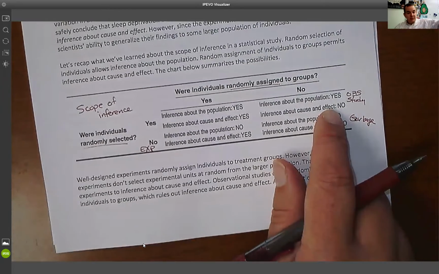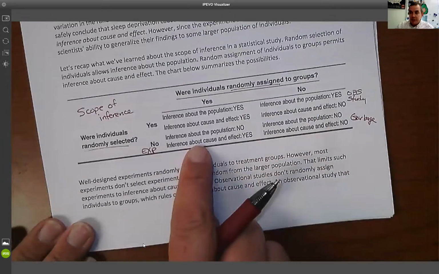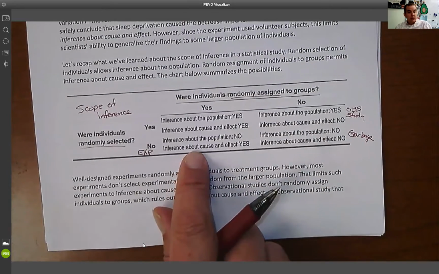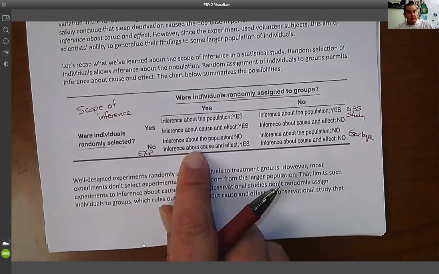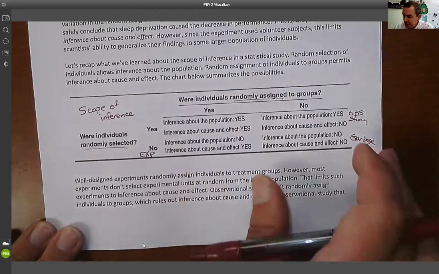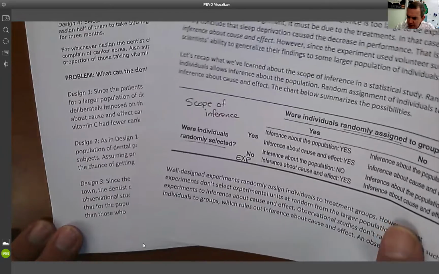It's just that people who seem to fit in this group also seem to have these results. Experiment is where I do a cause effect. This is where I impose a treatment. This is when I randomly assign and run an experiment. And this is where I can say that I believe that this treatment that I imposed led to this result for this group. Therefore, I'm going to generalize it to the entire population. So that's scope of inference.